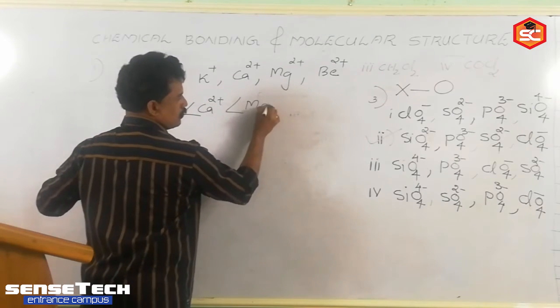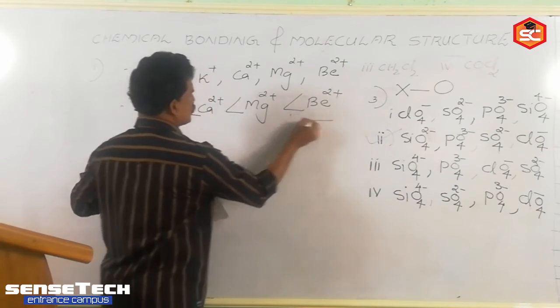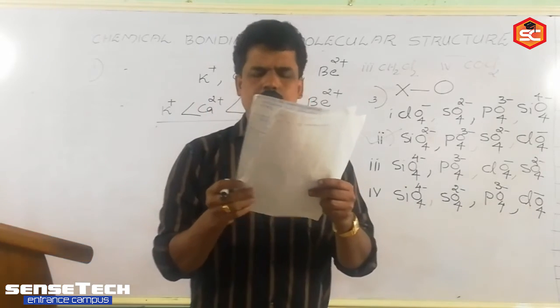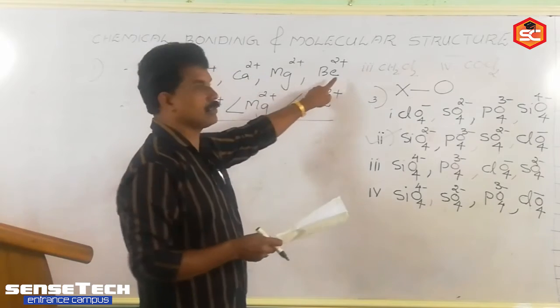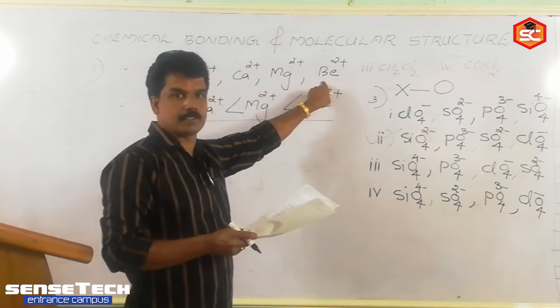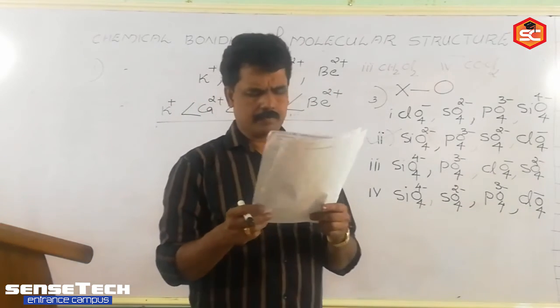Then magnesium. Then beryllium. This is the correct option for polarizing power. The question is clear now. Which of the following sequences represents increasing order of polarizing power? Smaller the size, greater the charge, more polarizing power.